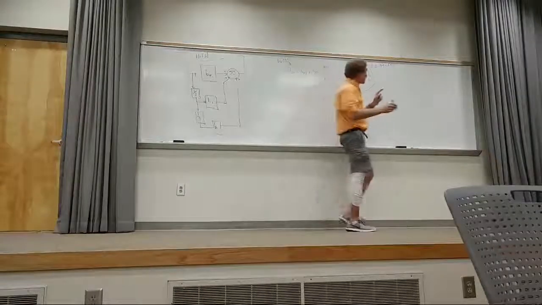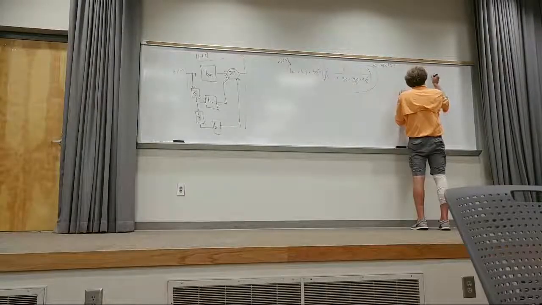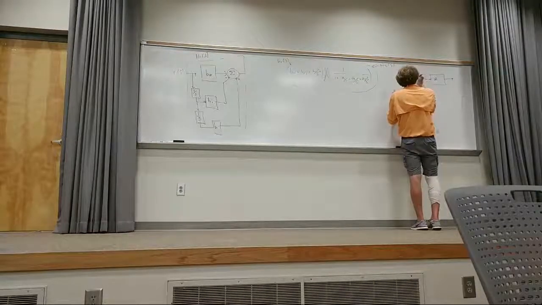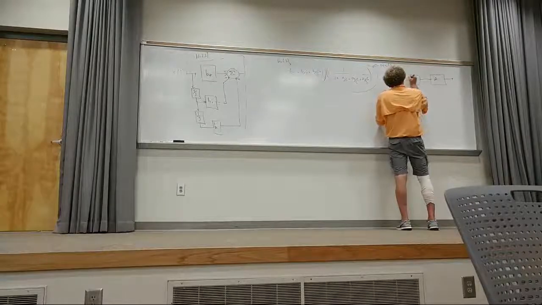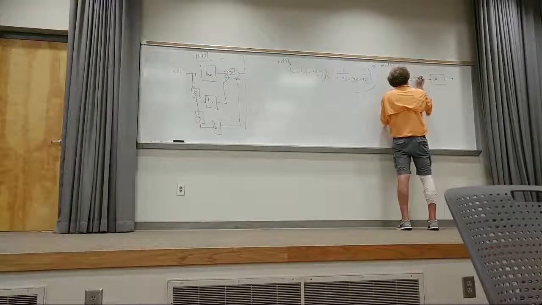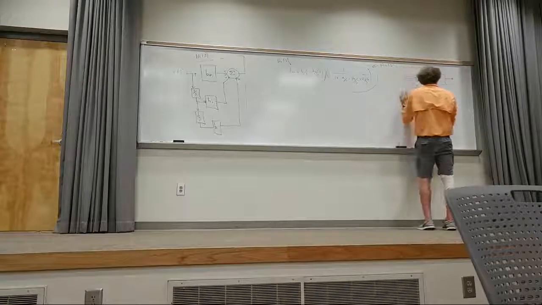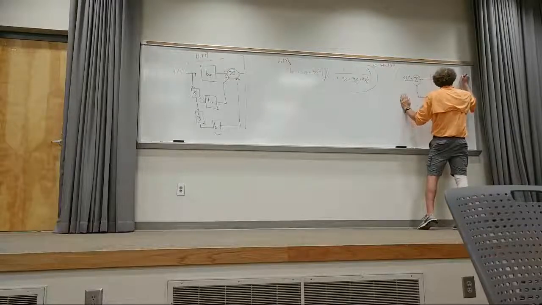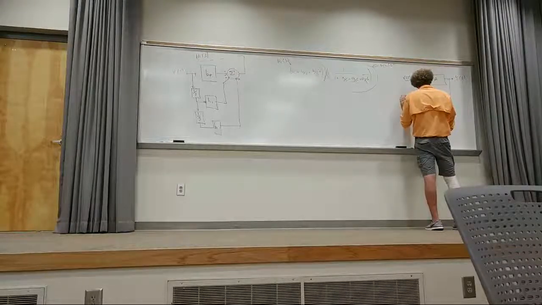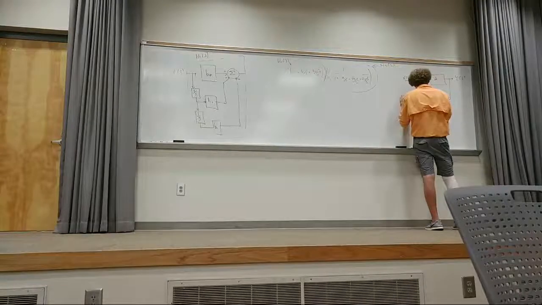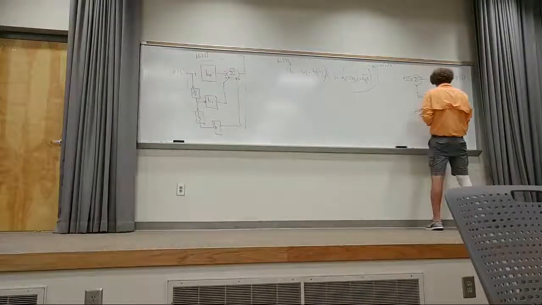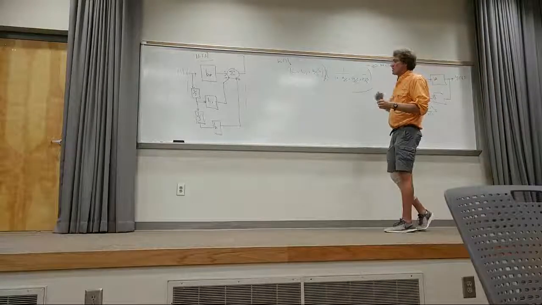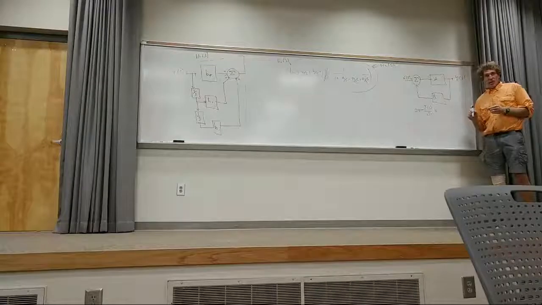Remember the general form: if you have a block that has a forward gain of A, and this is going to be your X of S, plus a summation sign, and this is a reverse gain of beta. This is Y of S, then Y of S over X of S is H of S, and that we want to set equal to this right here. Are you with me?